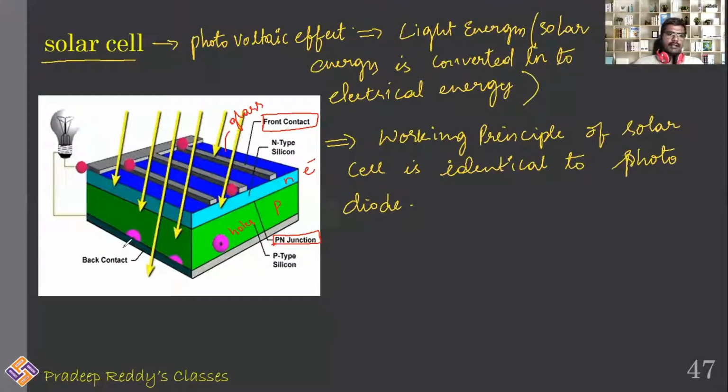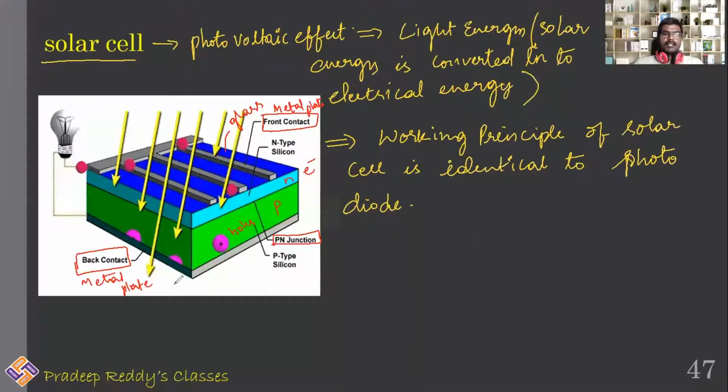And this is the back contact. So one is the front contact and the other is the back contact, and these are all metal plates. The back contact is made up of a metal plate, and the front contact is also made up of a metal plate.